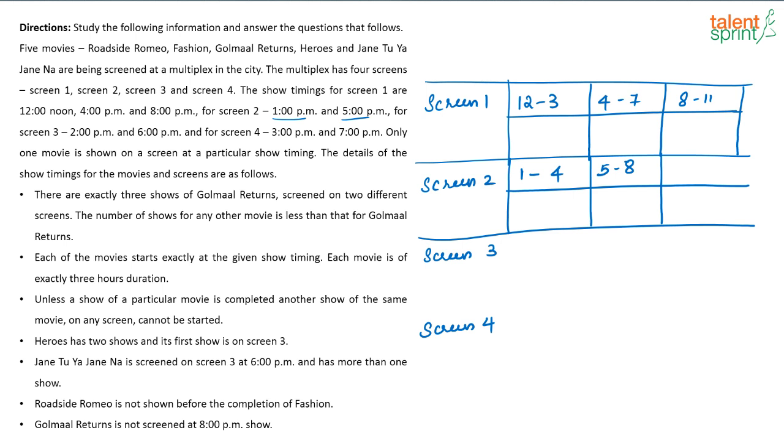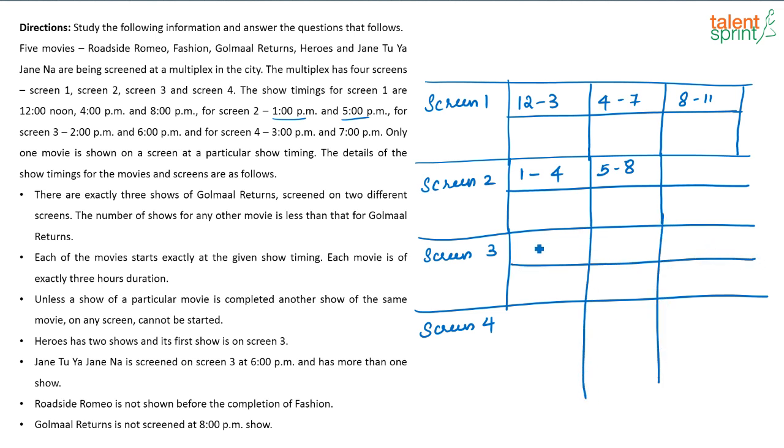For screen 3, it is 2 p.m. and 6 p.m. So 2 to 5, correct, and then 6 to 9, correct. 3 hours is each show timing; that's how I am writing this. Everything is either in the afternoon or in the evening, so there is no confusion of morning.